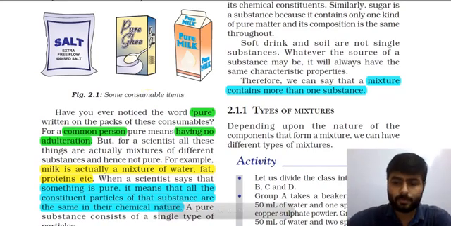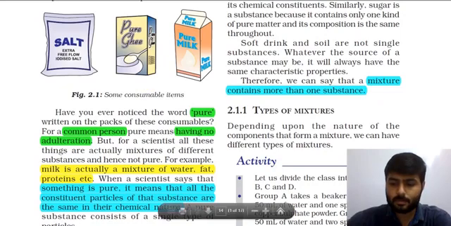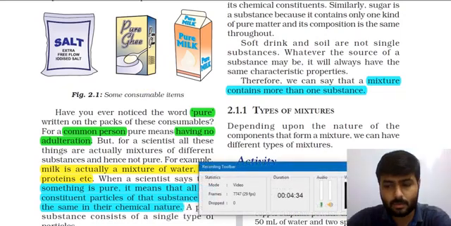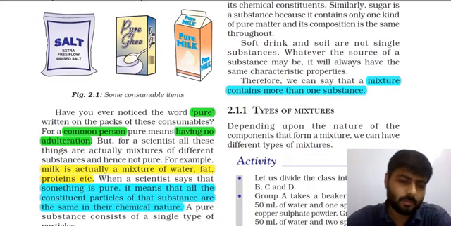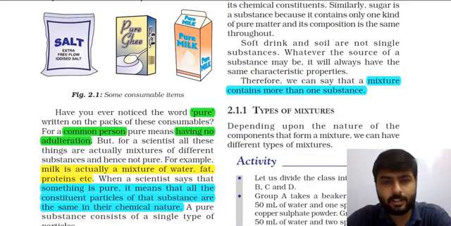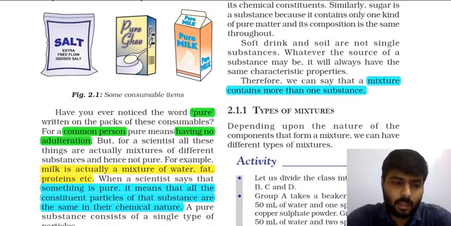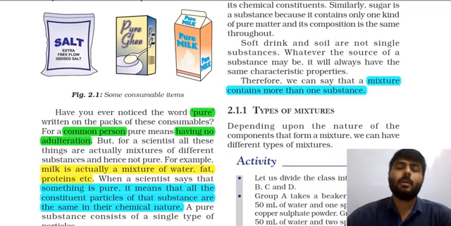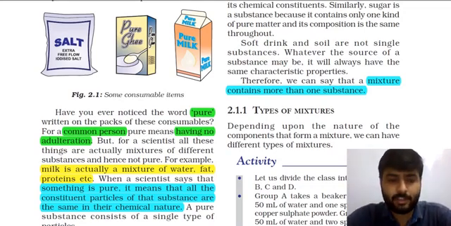This word "pure" has a different meaning for the common man. For a common person, pure means having no adulteration. What is adulteration?